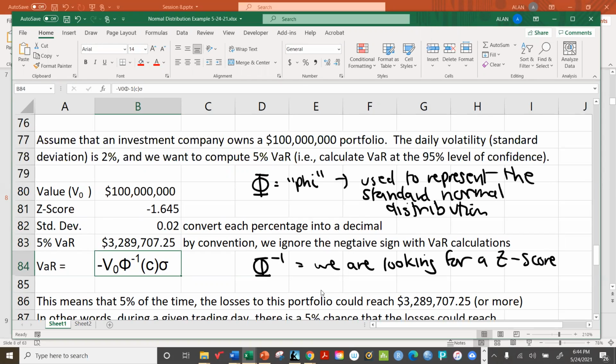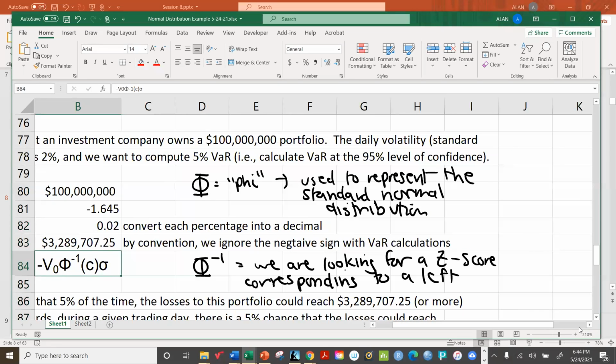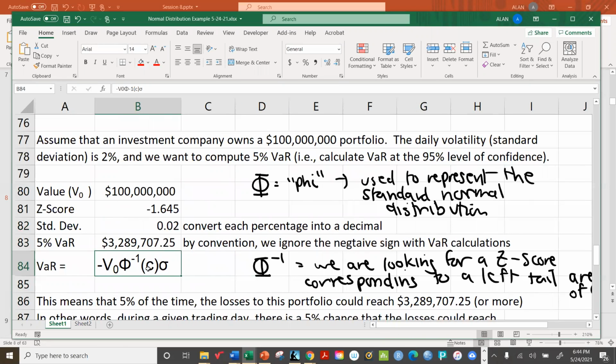Okay, and what Z-score are we looking for? Corresponding to a left tail area of C. C is, let's say, 5%. Okay, so that means that this symbol, phi inverse, is this number right here. In fact, you know what I'm going to do, just to make it crystal clear.